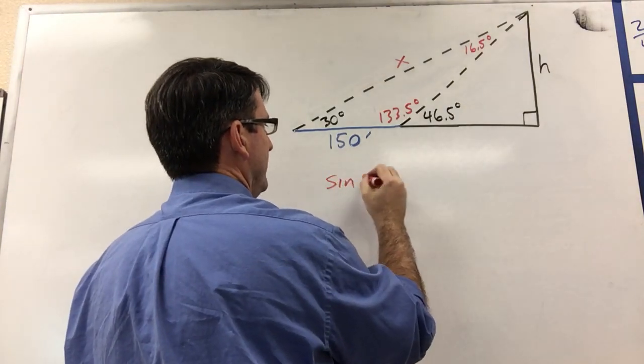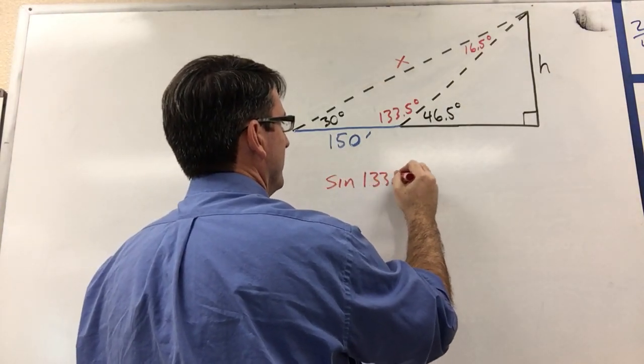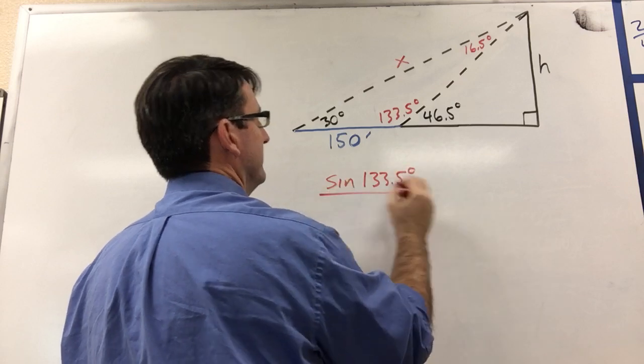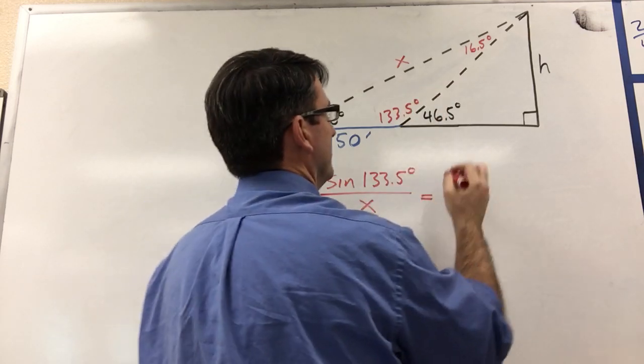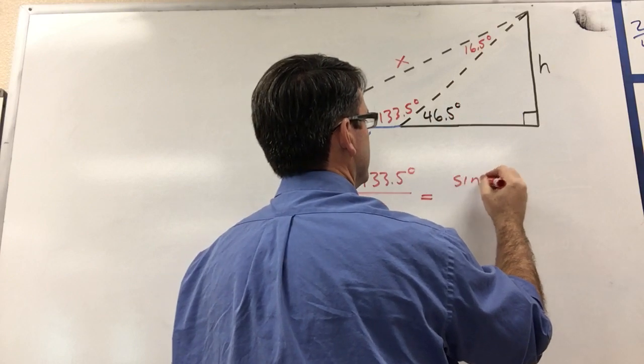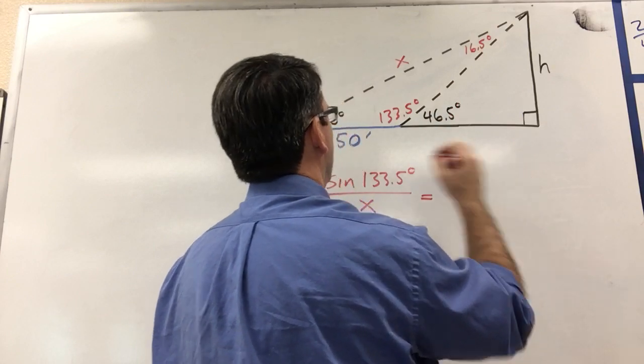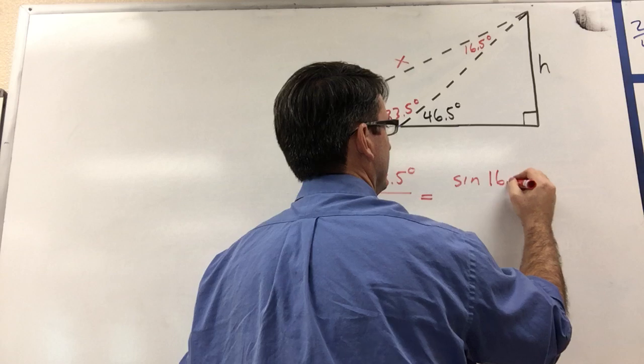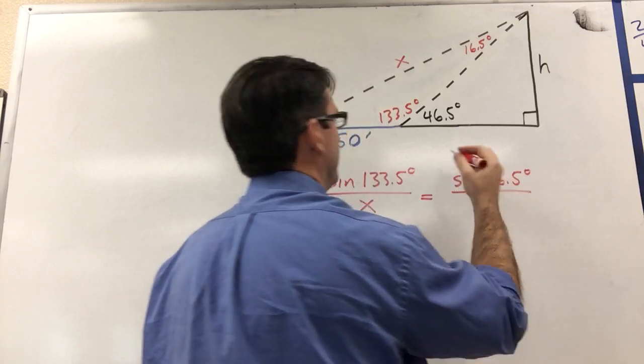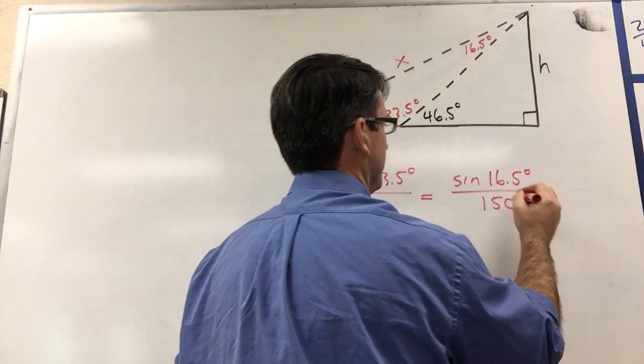So the sine of 133.5 degrees divided by x is going to be equal to the sine of 16.5 degrees divided by 150 feet.